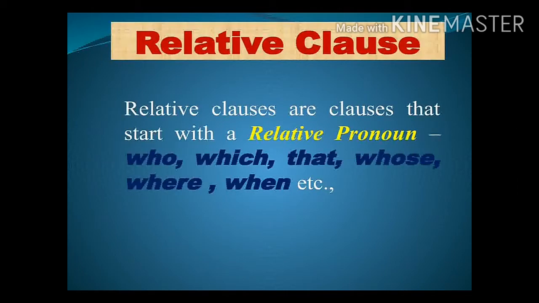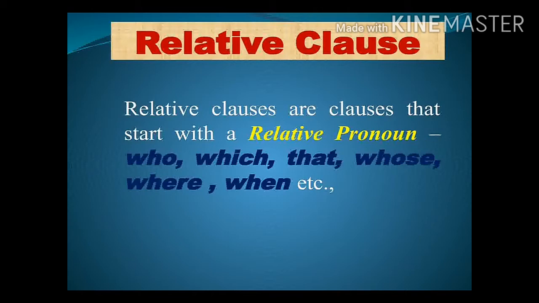Then we have to understand what a relative clause is. Relative clauses are clauses that start with a relative pronoun like who, which, that, whose, where, when and why. We all know that a clause is nothing but a group of words which has a finite verb form.